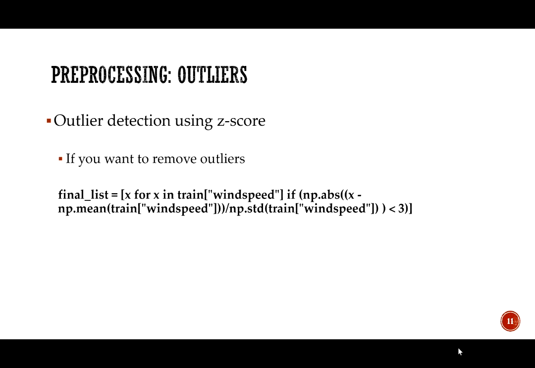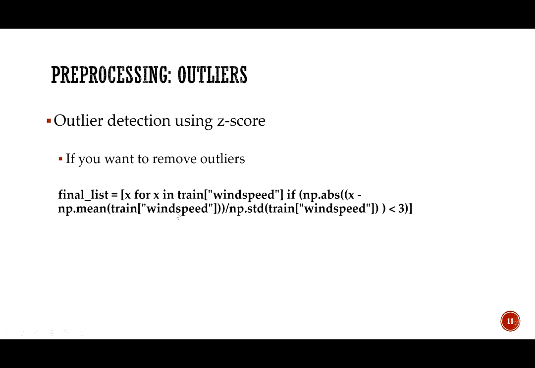Now, one technique is to remove outliers. And this is a very quick and dirty way to handle outliers. So let's say if you want to remove these 67 observations, we define a list which doesn't have the identified outliers. And here you can see the example. So I have a variable final_list.